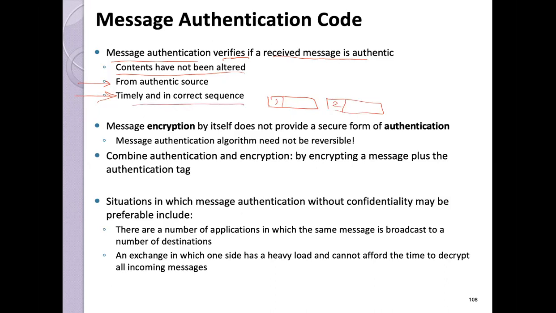This may easily happen over the internet because the packets that we generate one after another may take different paths. Packet number 3 may take a path which is less congested than the other path and may end up arriving at the destination earlier than message number 2.